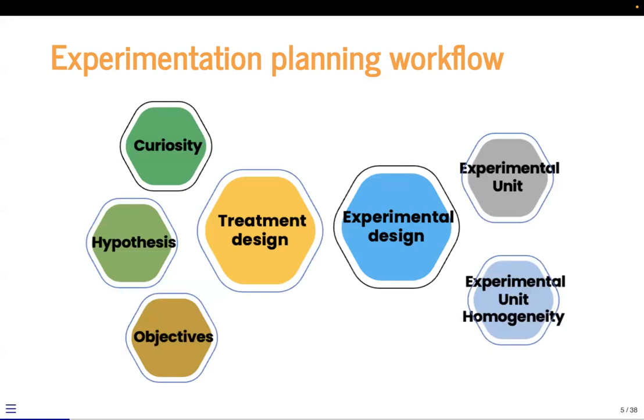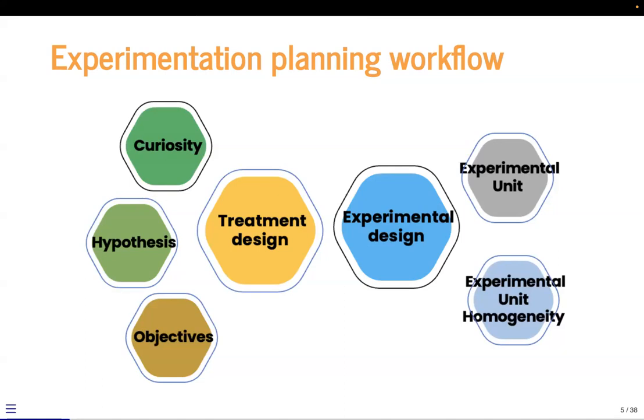This is kind of just like a visual of that. So really, on the left-hand side here, we start with the curiosity, with a question there. We base on that and on literature review, we create some hypotheses, and those hypotheses we use to create objectives. And all this is what we use to define our treatment design. So keep in mind, treatment design is the part of your design that answers your objectives. It has nothing to do with experimental material limitations yet.